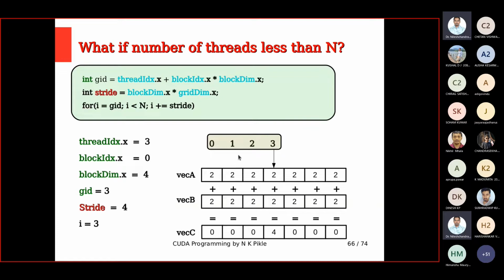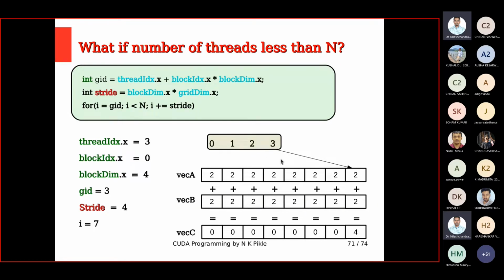Next time, the 0th thread will perform the 4th element, the first thread will perform the 5th element, the second will perform on the 6th, and the third will perform on the 7th. So this is how we have to decide the work.